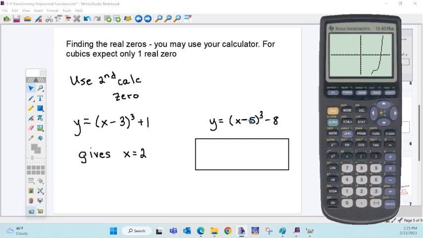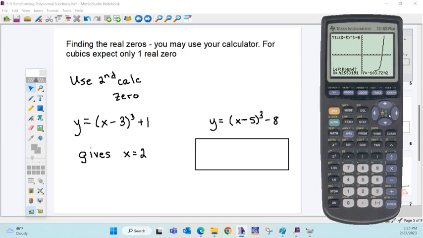Interestingly, think about what it's doing here. It moved right 5 and down 8, so it makes sense that the whole thing is like down here. But over here, it looks like it's at about 7 or 8. So let's second calc, just verify it, 0. Enter.